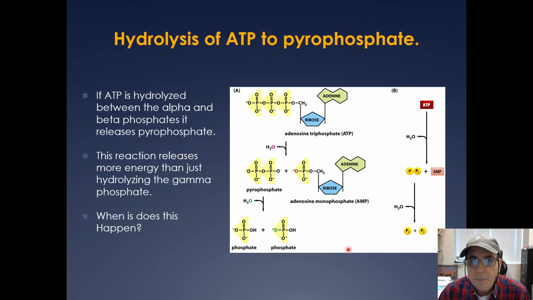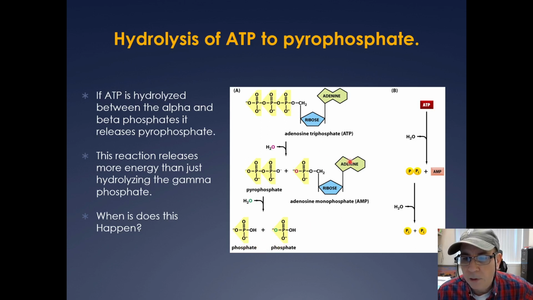So ATP can also be hydrolyzed into pyrophosphate. And this becomes very important in nucleic acid synthesis. So here we just have ATP, and if you hydrolyze it and add water to it, you can break off a pyrophosphate, and then the pyrophosphate is further hydrolyzed into inorganic phosphates.